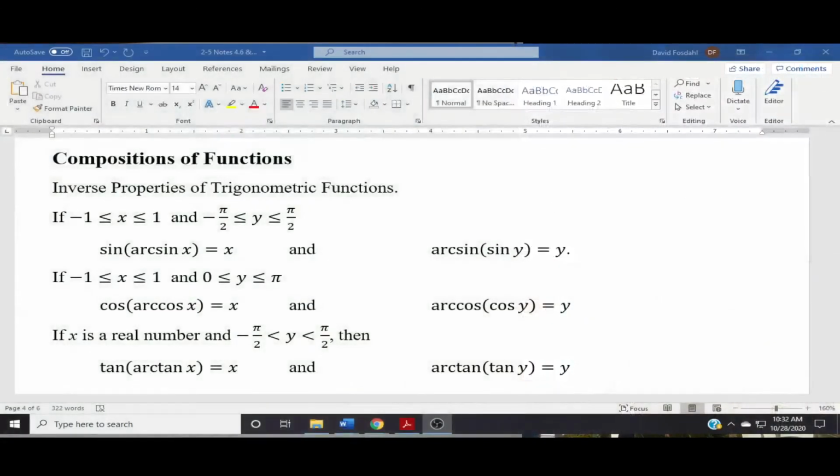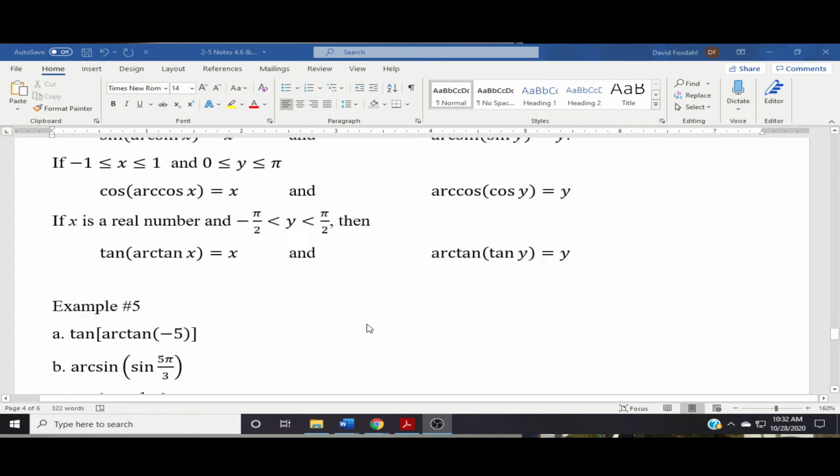This is restricting our domain and range so that you can find the actual inverses of the functions. If x is a real number and negative pi over 2 is less than y is less than pi over 2, then tangent of arctangent of x is equal to x, and arctangent of tangent of y equals y. That is, you can reverse these.